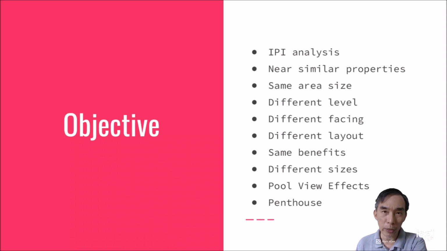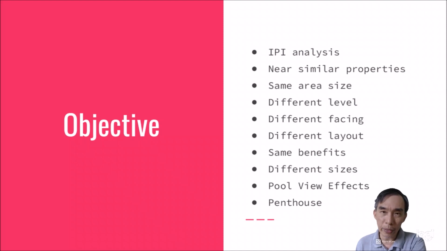That gives us the reason to want to know how their benefits compare to each other. They may have the same area size but different level, facing, and layout. Layout here means the number of rooms, bathrooms, toilets, and also car parks that come along with the unit.